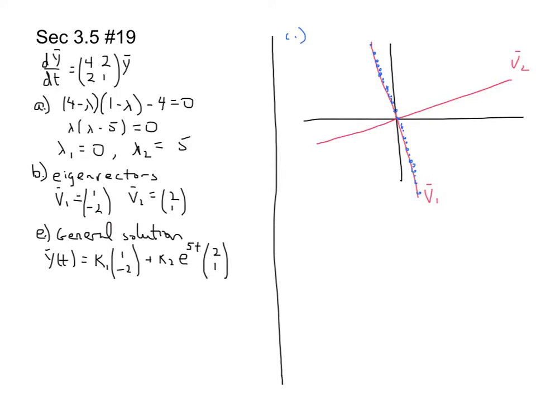The second important part of our phase diagram is the second direction. And in this case, because lambda is positive, everything in this direction is moving away from the origin. So if you are to start at a point, for example, in the next section they say, well, suppose you're at (1, 0).